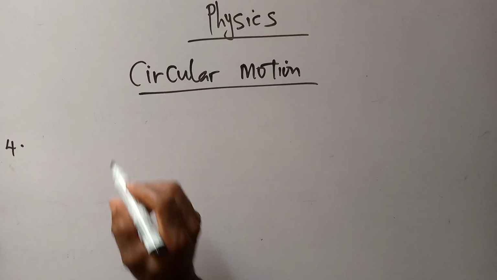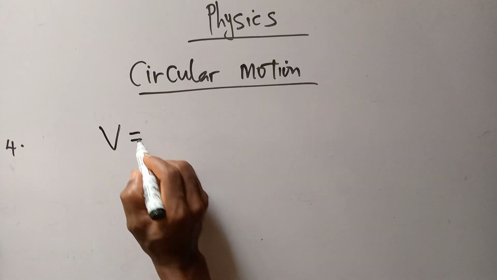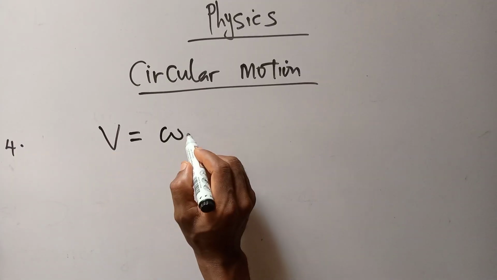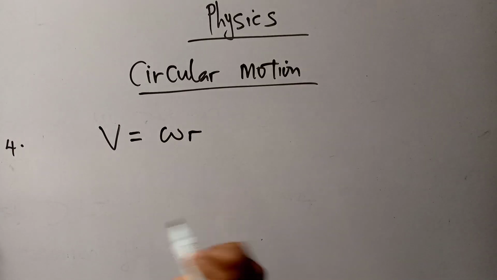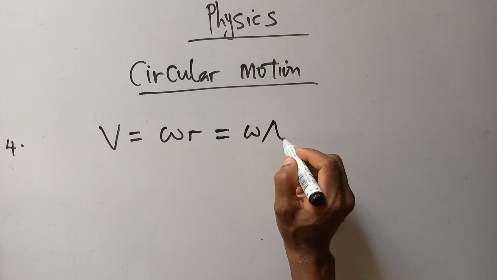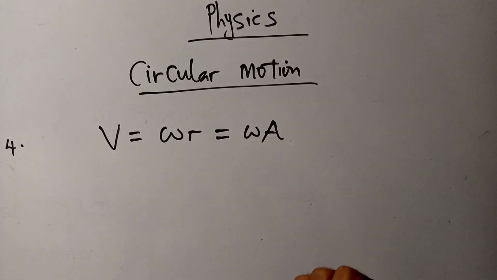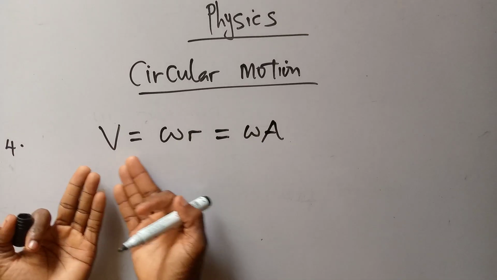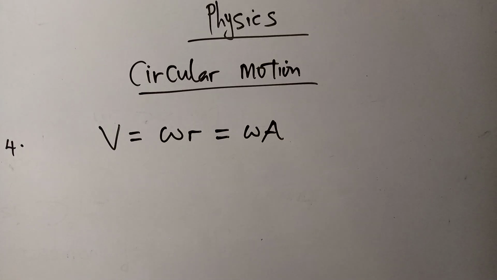The relationship between them is v equal to angular velocity times your radius, or it can also be written as the angular velocity times your amplitude. This is the relationship between your linear speed and the angular velocity.